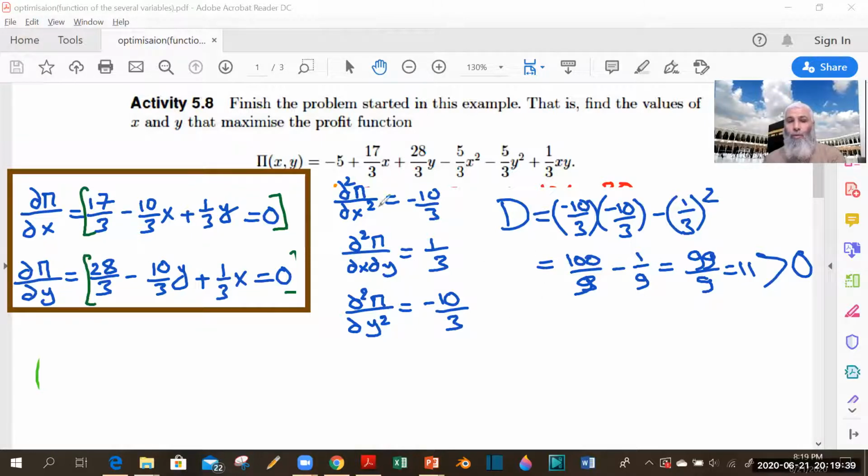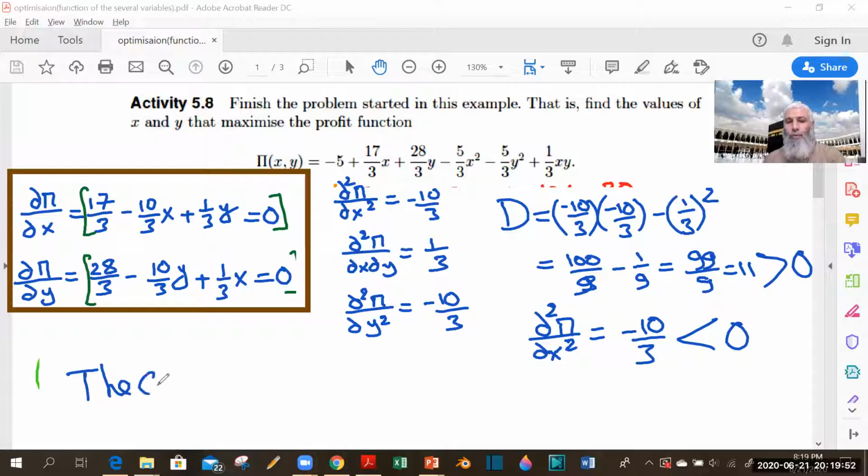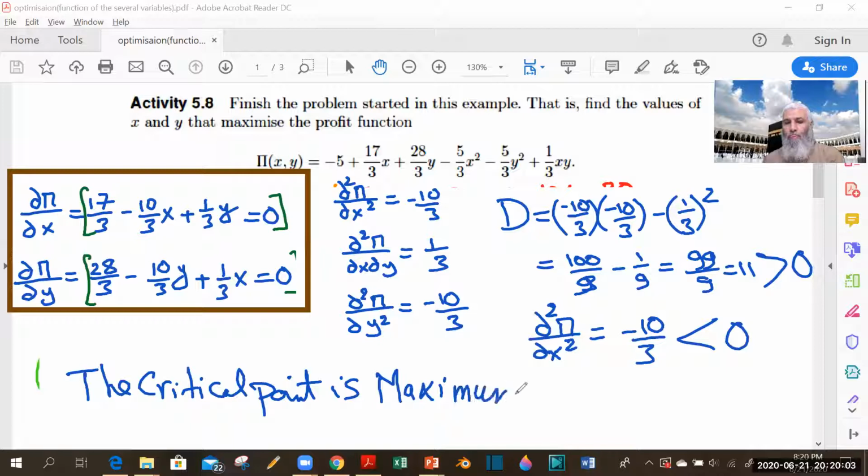Now, d2P dx squared is negative 10 over 3, so this is less than 0. So our critical point is a maximum.